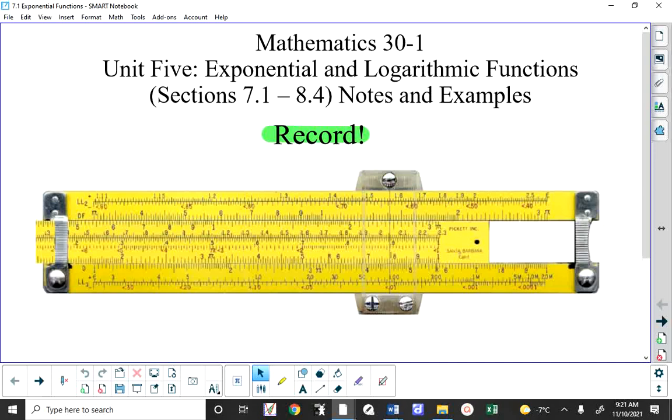Using this, you can do pretty much any calculation that you could do on your graphing calculator. You could find the value of square roots, cube roots, fourth roots. If you want to know the sine of pi over 32 radians, you could use this thing to do it.